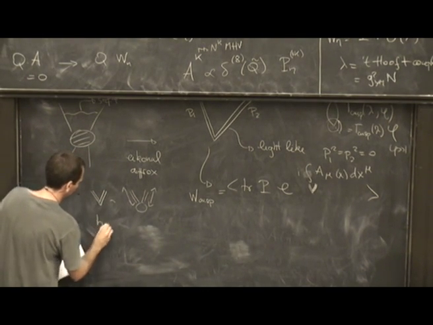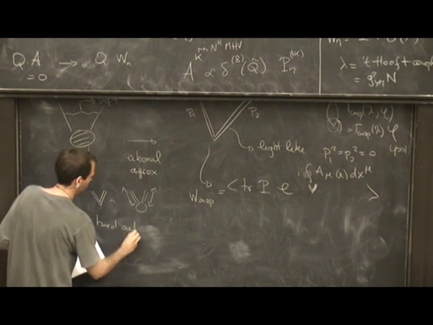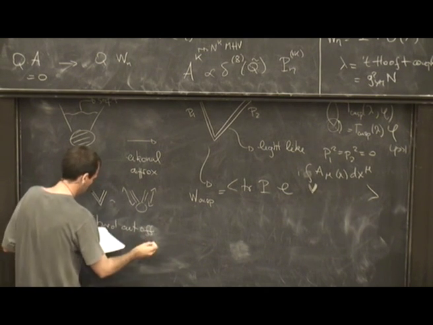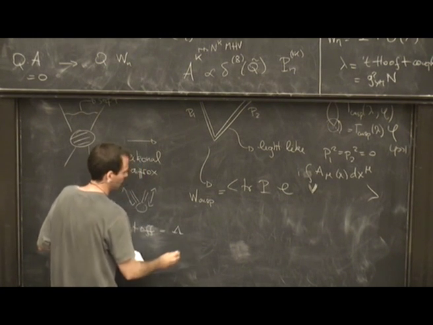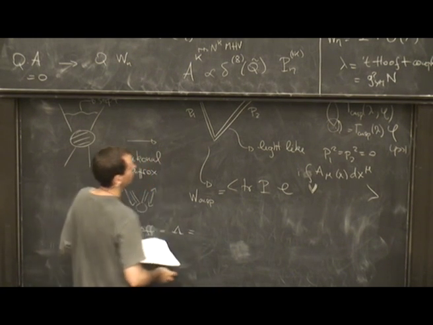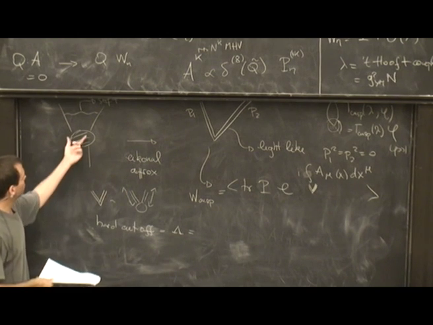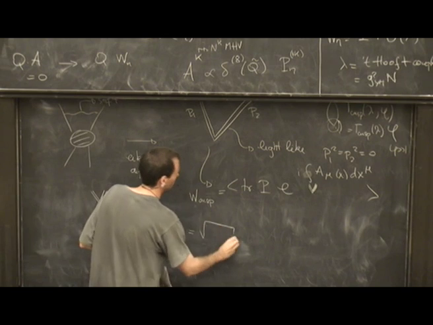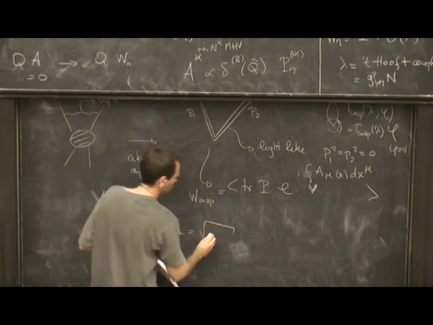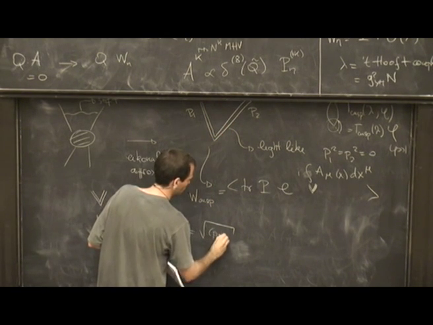Let me write it down. The short distance cutoff, which I denote by lambda. And if you want to think about it in terms of the original scattering problem, it is nothing but the Mandelstam invariant in this channel. So it is minus (P1 plus P2) squared.